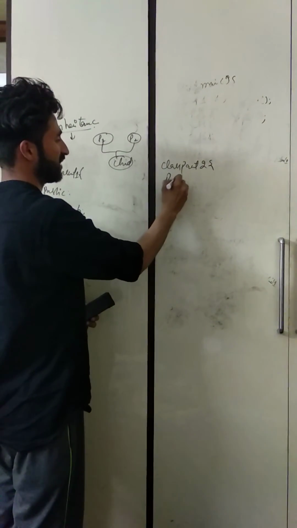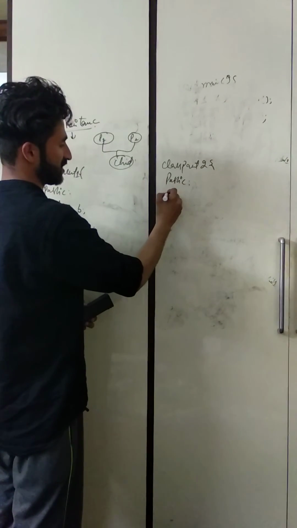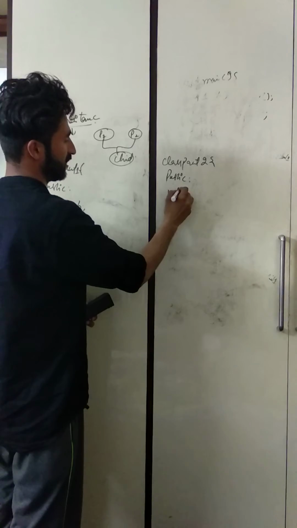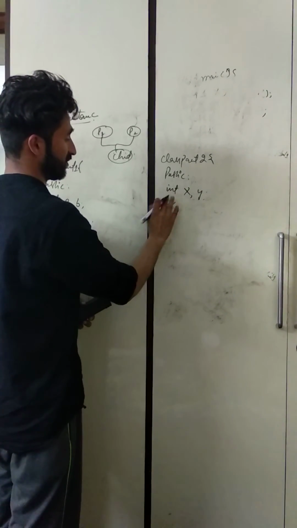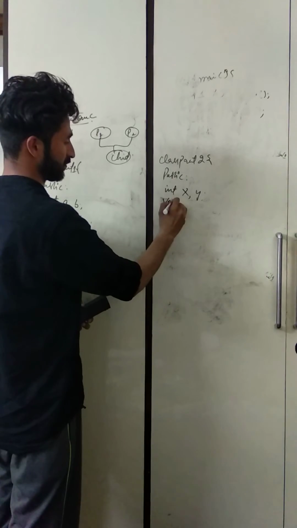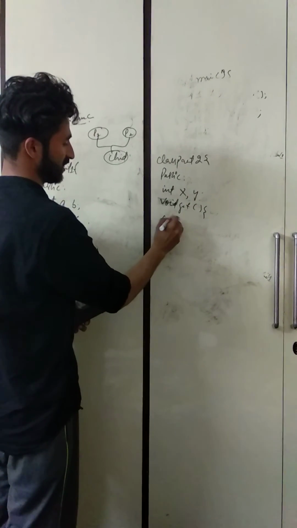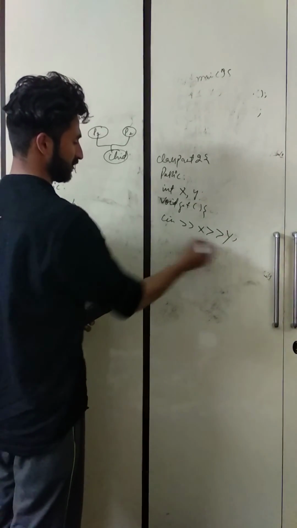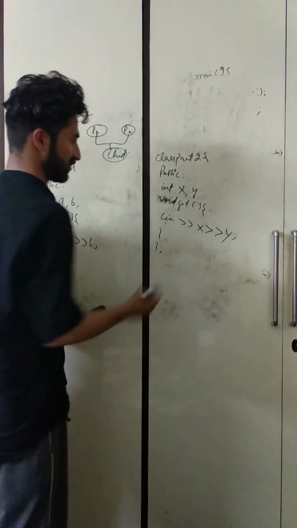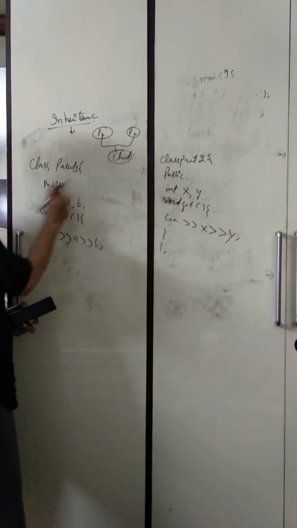So I am writing public. Similarly I am writing int x comma y, void get, cin x, y. So I am having two classes, parent 1 and parent 2.